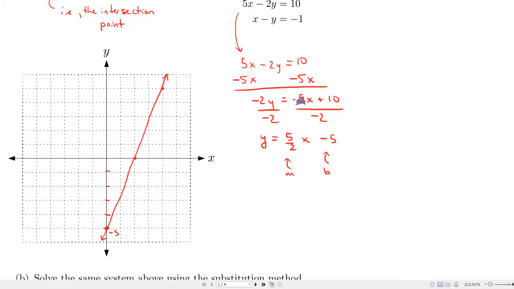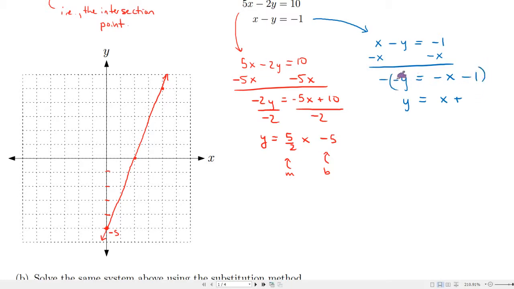And our second equation here, we can do the same thing, solve for y. So we will subtract x, and we will have negative y equals negative x minus 1, and we'll negate both sides to get y equals x plus 1. All I'm doing here is negating both sides, right?